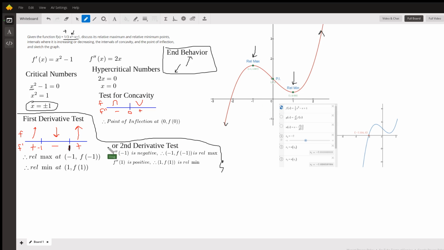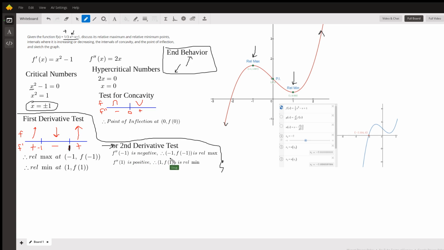We could also use the second derivative test if we wanted to identify relative maximums and minimums. If we put the critical numbers into the second derivative, we find that f double prime of -1 is a negative number, because -1 into 2x gives us a -2.